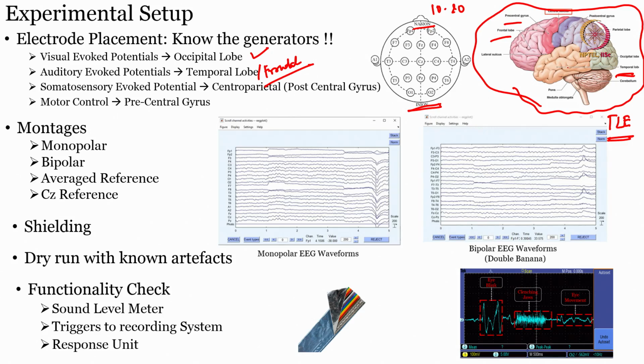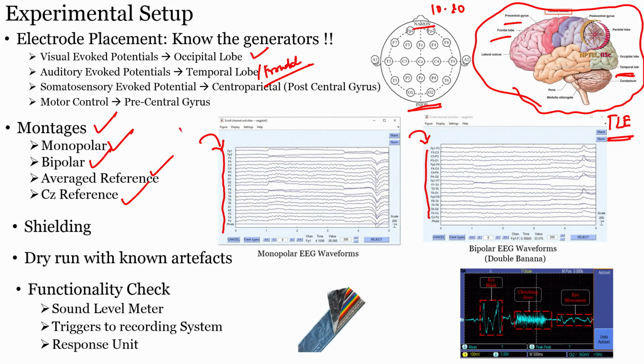And then montages. It can be monopolar, it can be bipolar, it can be average response, it can be CZ response. Now if you see here, this is taken from one data set. Here you can see a person's EEG and only monopolar channels are shown. Whereas here, it is a difference between 2 channels. One channel acts as a reference, the other channel you are taking.